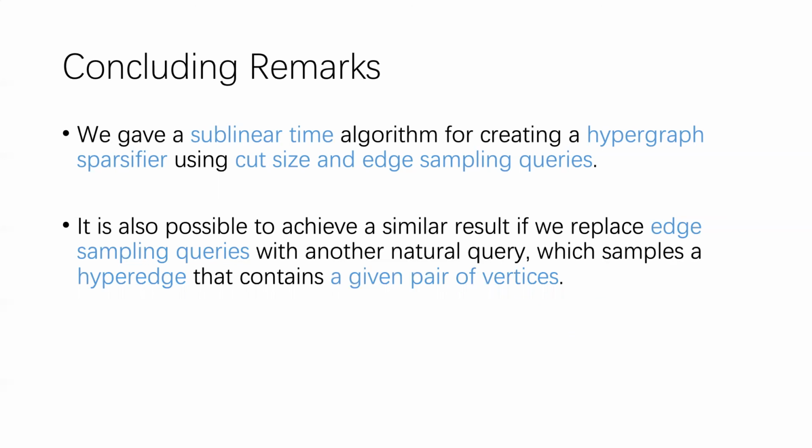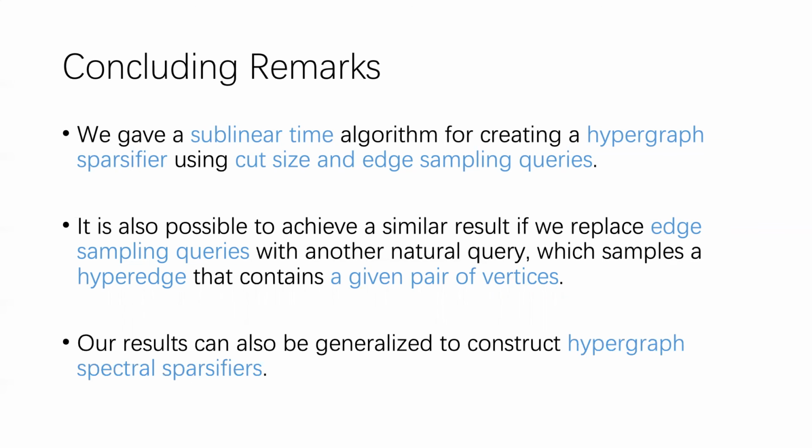And one can think of this query as a generalization of both pair query and neighbor query, which are the two most used query models in the normal graph case. And finally, we also note that our algorithms can all be generalized to construct hypergraph spectral sparsifiers as well.